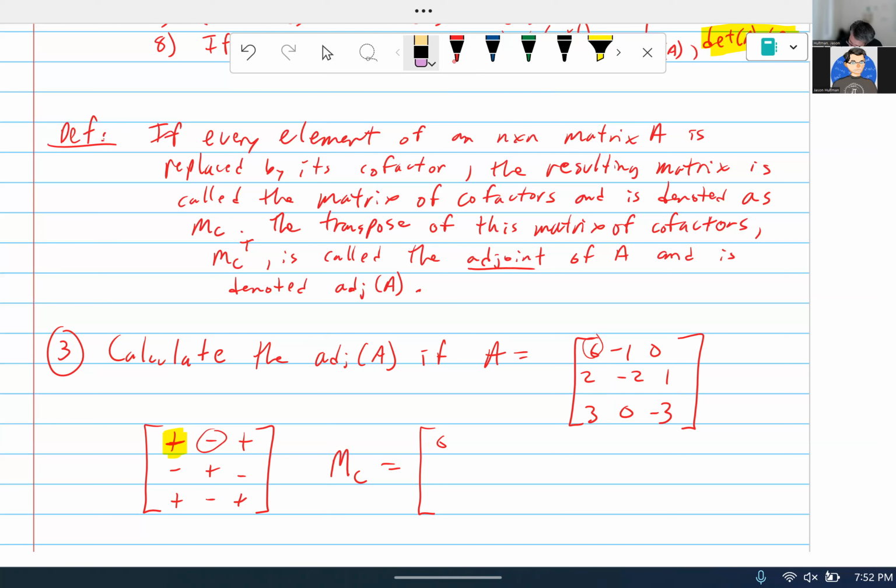Again, cross off row and column, and I get 2 times -3, which is -6, and then minus 3 times 1, that's -3, so that's -9. But the negative sign makes it a +9.